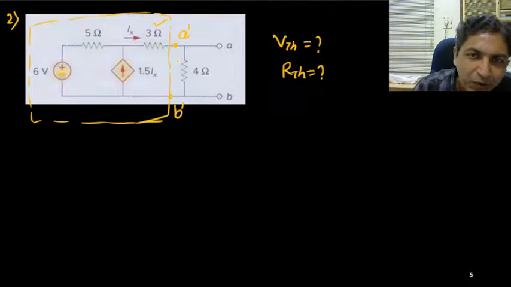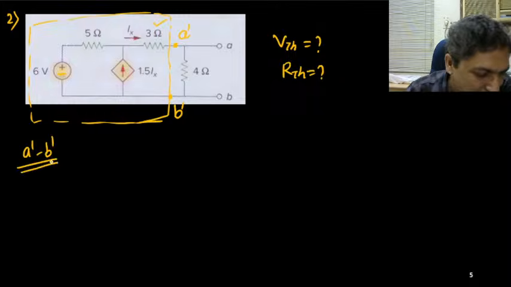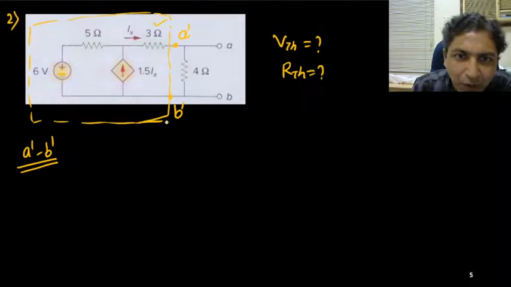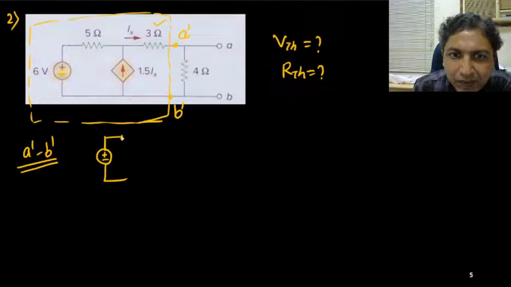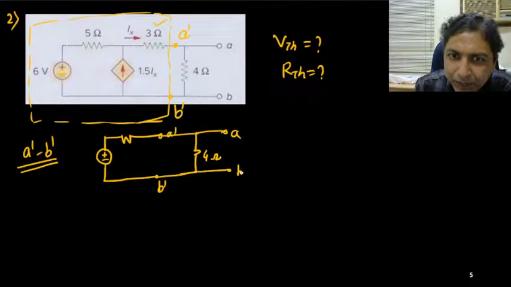So if we go for VTH, so I am considering A prime, B prime, this node. With respect to this node, I want to simplify the network. This is your A prime and B prime. Then I will connect this 4 ohm and I will get A and B. So that will be much easier.